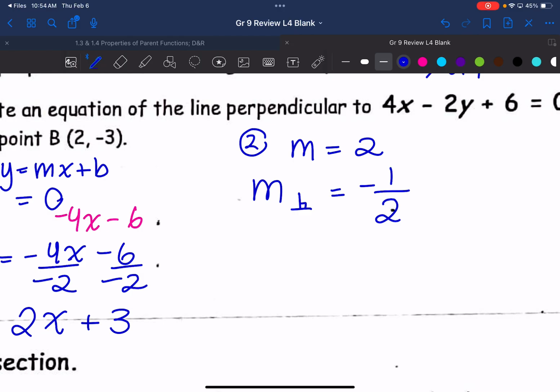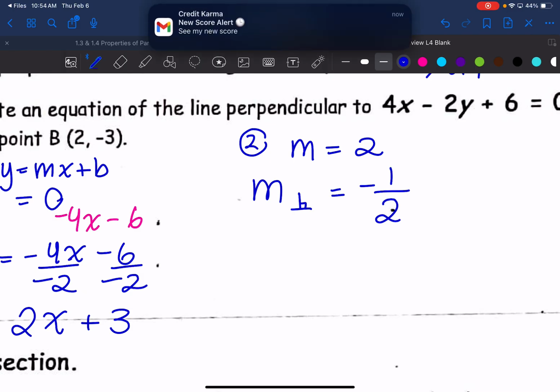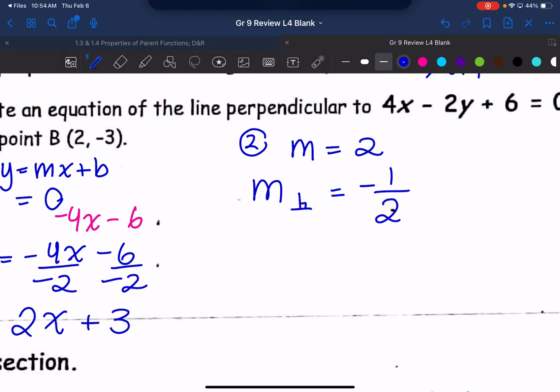If I gave you m was negative 1 over 5, what would the reciprocal slope be? 5 over 1, or just 5. If I gave you m is equal to negative 10 over 7, what would the reciprocal slope be? 7 over 10.